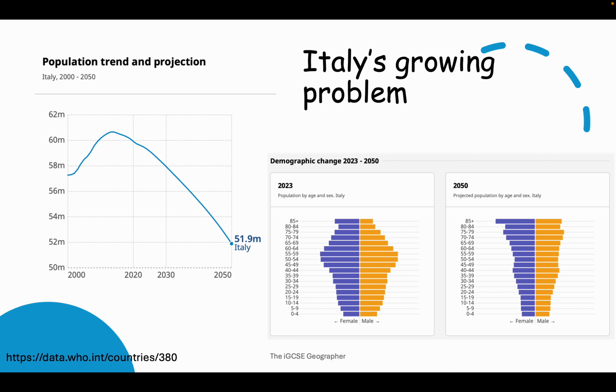I'm sure in your geography classes, you're able to infer the dependency ratio from population pyramids. And again, the two examples I've shown, 2023, if we compare this to the projected one in 2050, you notice some distinguishing features about its dependency ratio. The amount of children, which can be represented by the birth rate, 0 to 4, decreases.